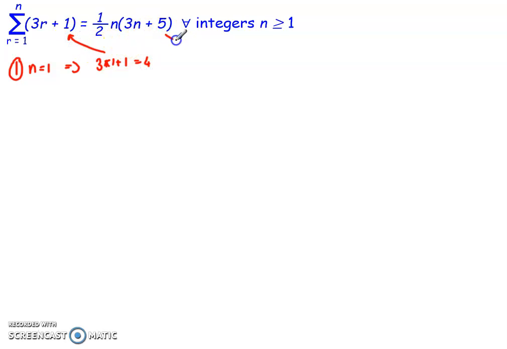My right hand side, which is here, I get a half times 1 bracket 3 times 1 plus 5, so that's the equivalent of a half times 8, which is equal to 4. So what I can say then is that it's true for n equal to 1.